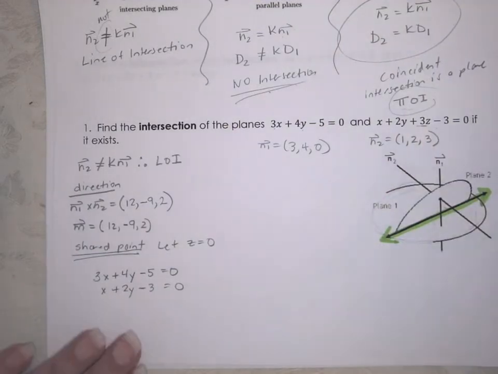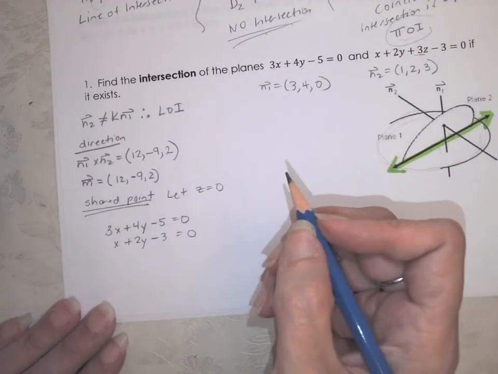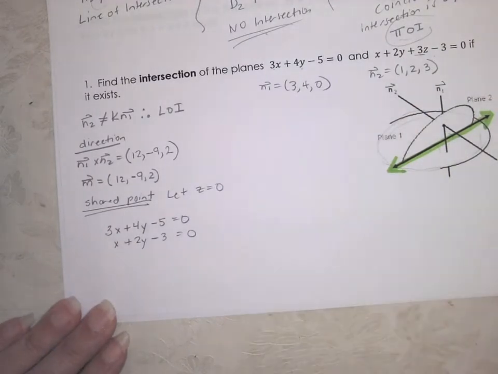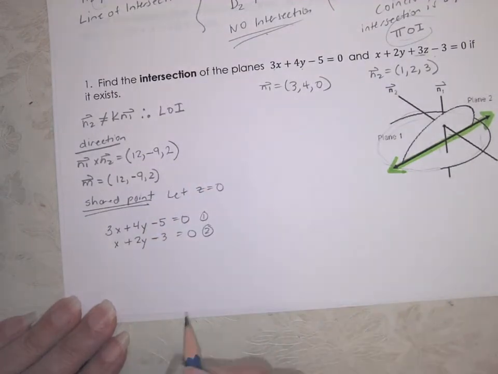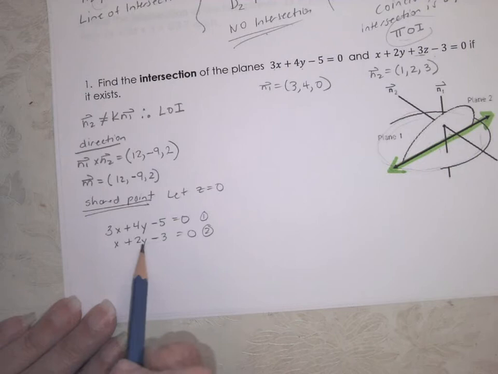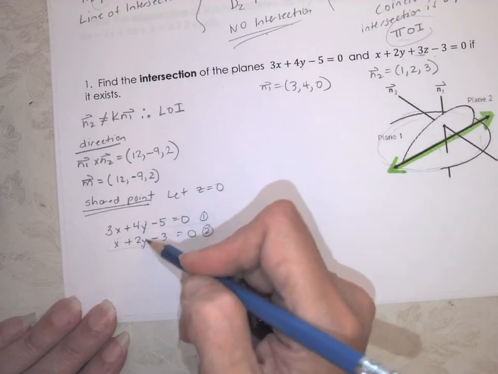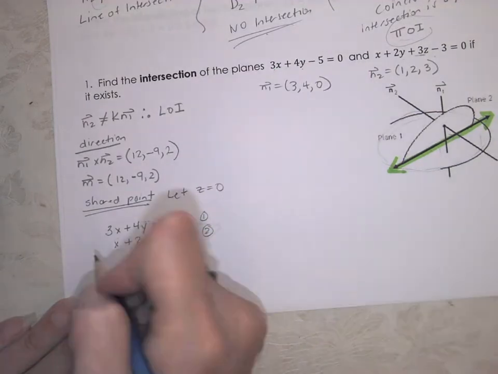Now I want to make these equations look more like they did when we used elimination to solve a system in grade 10. So here's my equation 1 and my equation 2. By looking at them, I can see if I multiply the second equation by 2, I would get a 4y, and so I'd have a 4y here and a 4y here, so I could eliminate y.